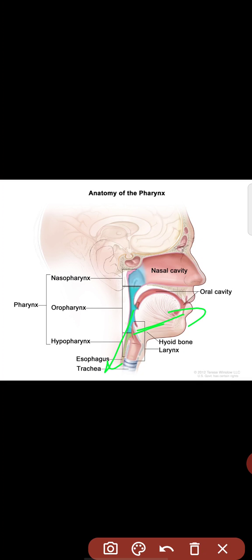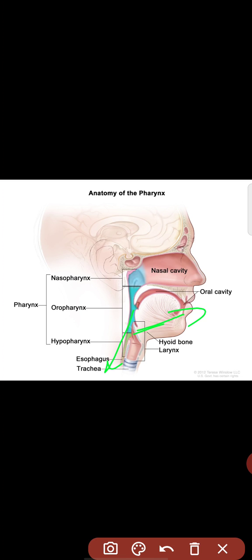The oropharynx is lined by non-keratinized stratified squamous epithelium, which we discussed in epithelial tissue. The wall of the oropharynx is made up of non-keratinized stratified squamous epithelium.